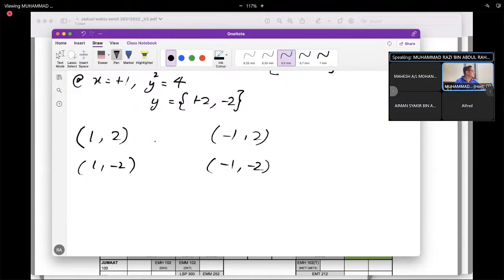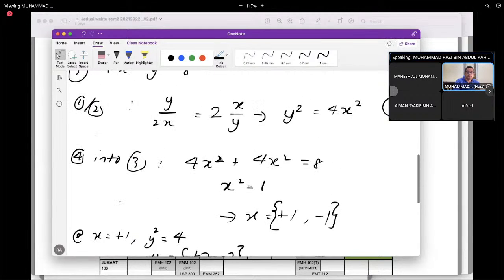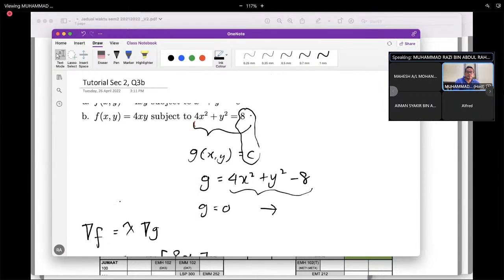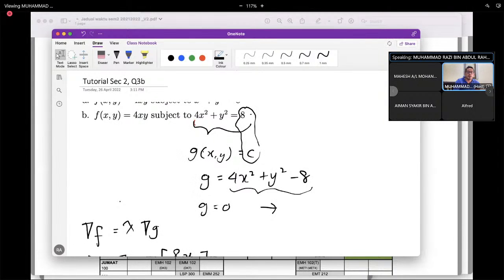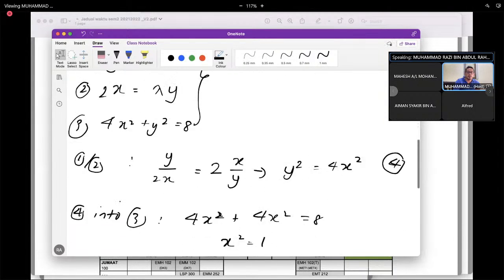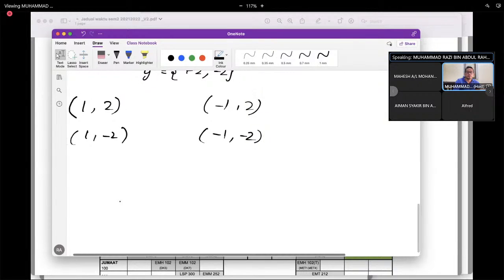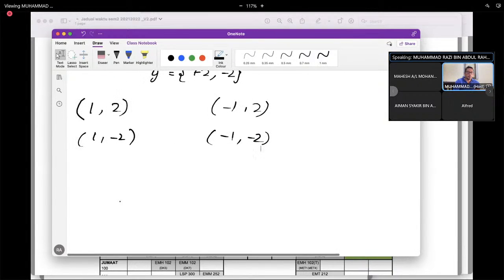So from here, this is where you evaluate the value of f. Since f is for xy, let's just write it here: f is 4 times x times y.